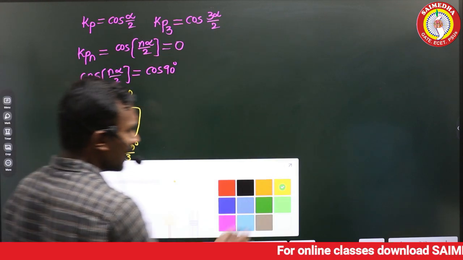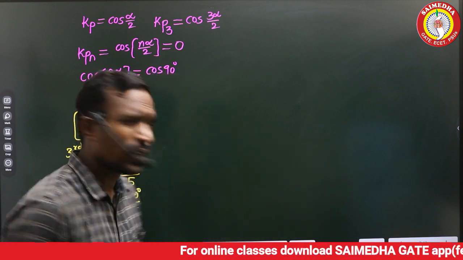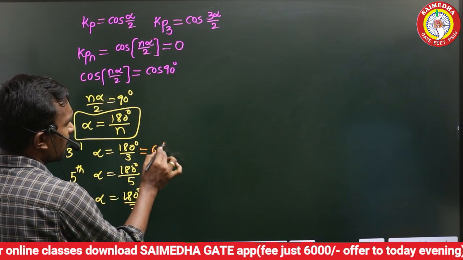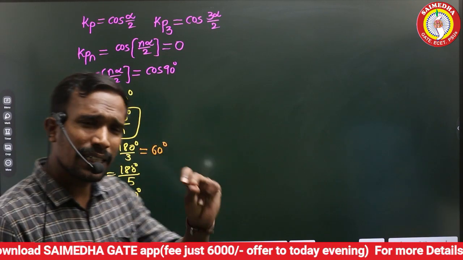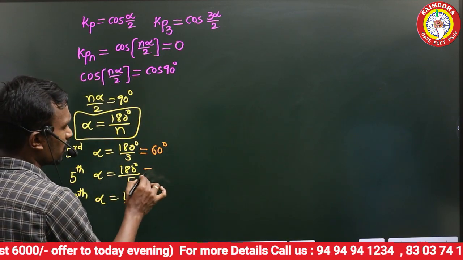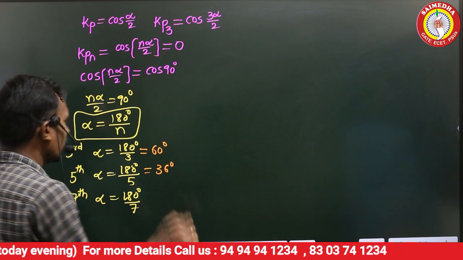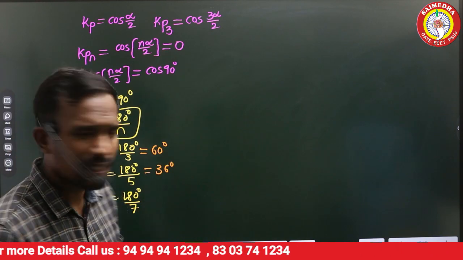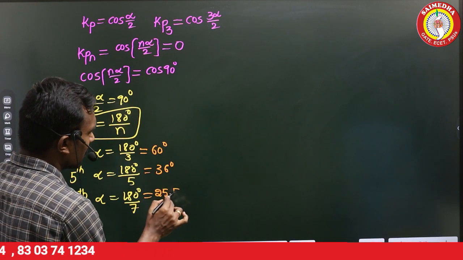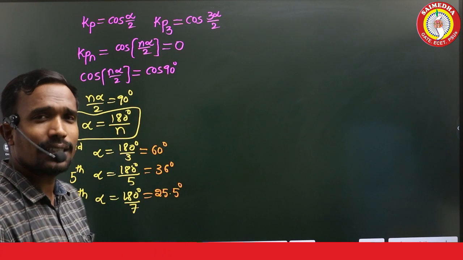So 180 upon 3 is 60 degrees: if alpha is 60 degrees, we can eliminate third order harmonics. If alpha is equal to 36 degrees, we can eliminate fifth order harmonics. If alpha is equal to 25.5 degrees, then we can eliminate seventh order harmonics.